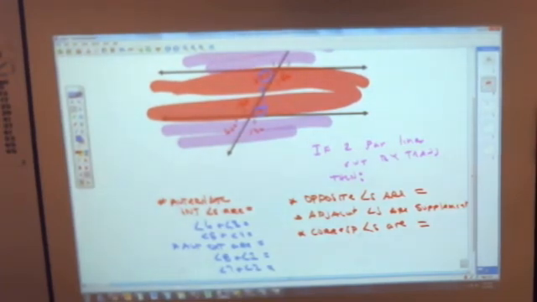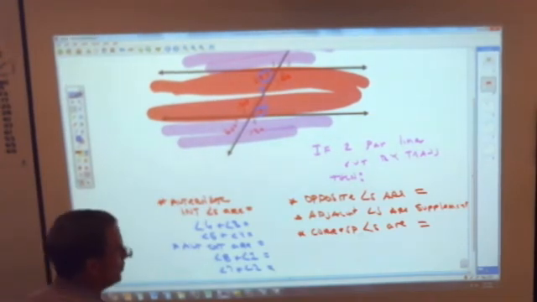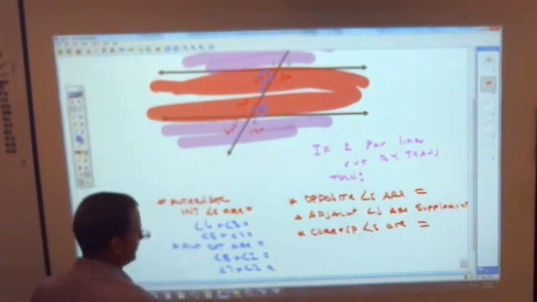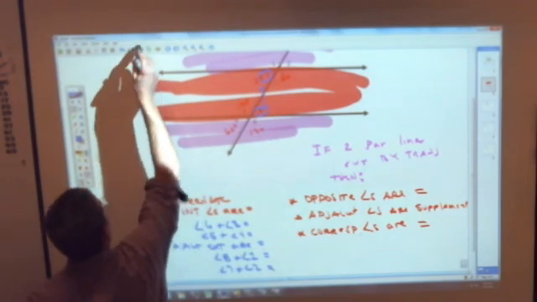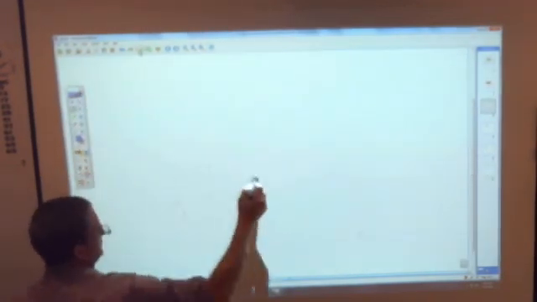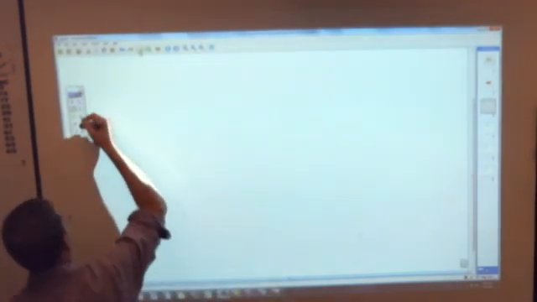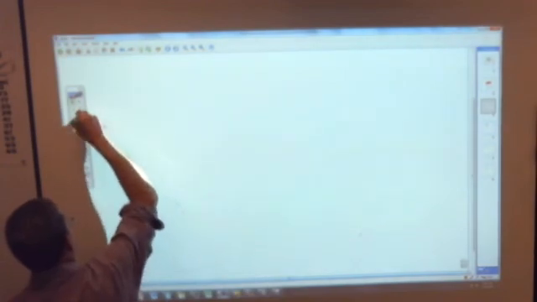See if I forget anything. Okay, let me give you the whole gist, spelled with a G. Here's what it looks like in the world of geometry. Let's see if you can pick up on this.